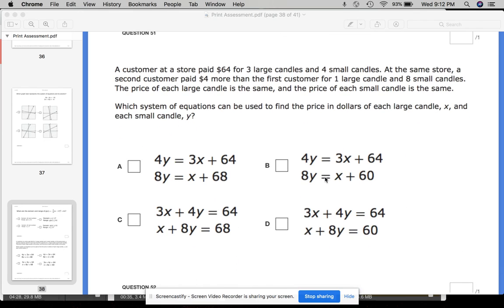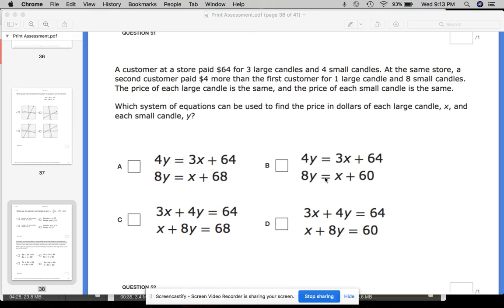51. A customer at a store paid $64 for 3 large candles and 4 small candles. At the same store, a second customer paid $4 more than the first customer for 1 large candle and 8 small candles. The price of each large candle is the same, and the price of each small candle is the same. Which system of equations can be used to find the price in dollars of each large candle x and each small candle y?